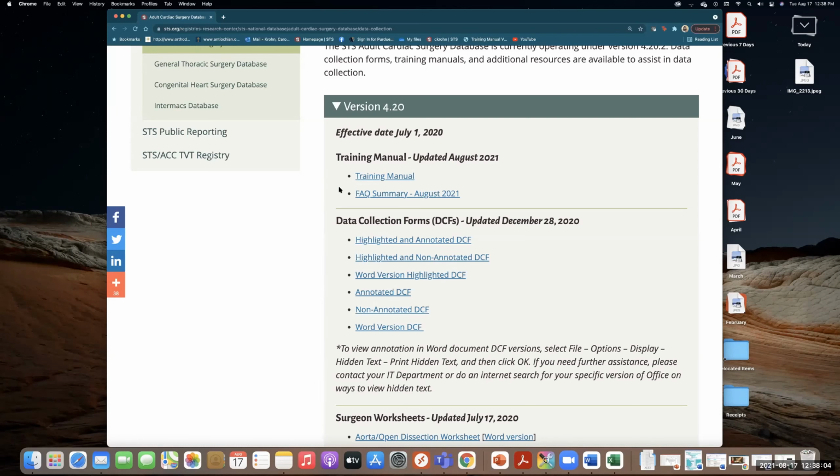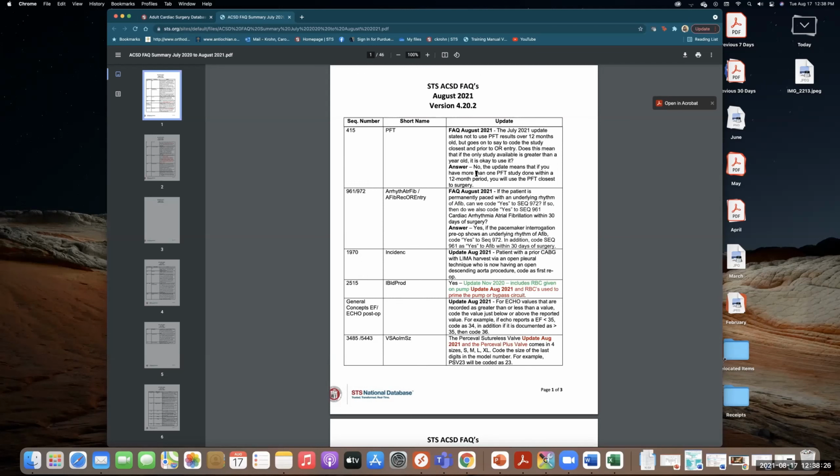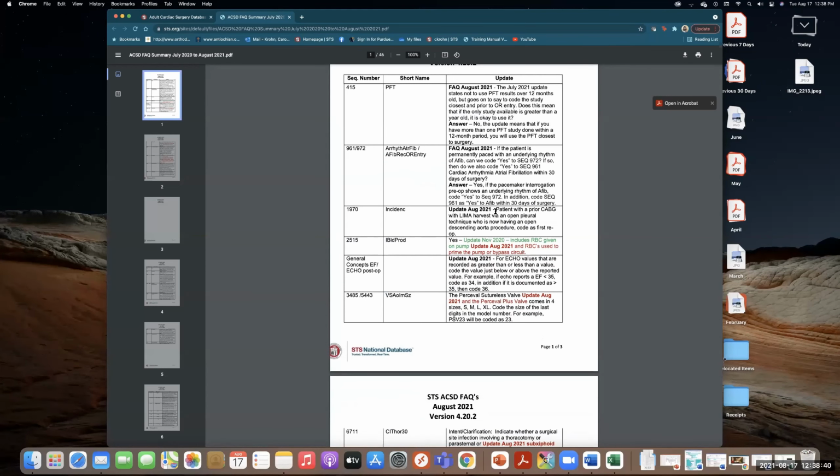These are how the questions are posted. We list them by sequence number, short name, and then what update was made. So if there was an FAQ that was submitted, we kind of generalize that question so it applies across multiple sites, and we'll provide the answer. If there's an update with additional clarification, we'll provide it listed as an update.